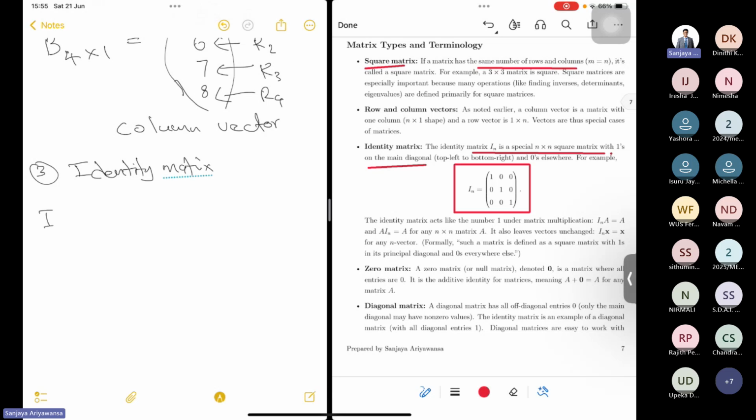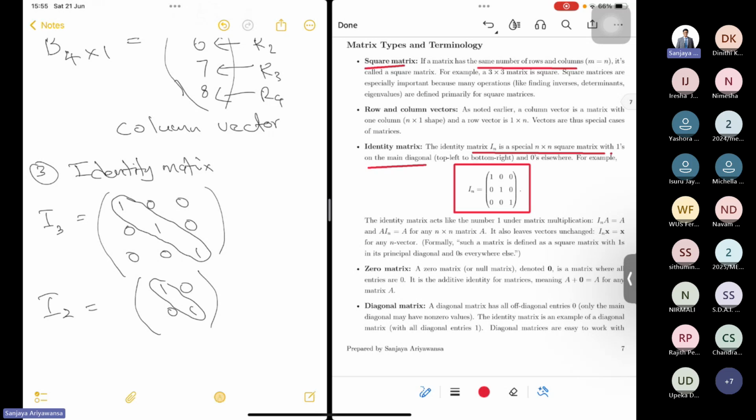The identity matrix I3 is 1 0 0, 0 1 0, 0 0 1. So you see, an identity matrix has ones on its main diagonal, 0 elsewhere. Let's take I2, which is a 2 by 2 matrix, 1 0 0 1. Again, ones in the main diagonal.